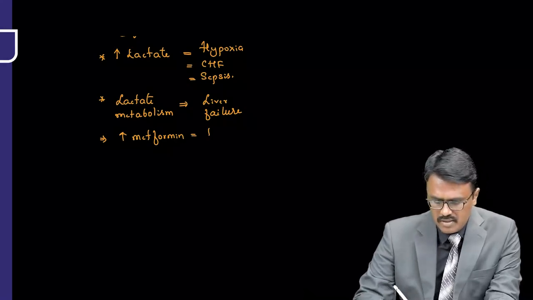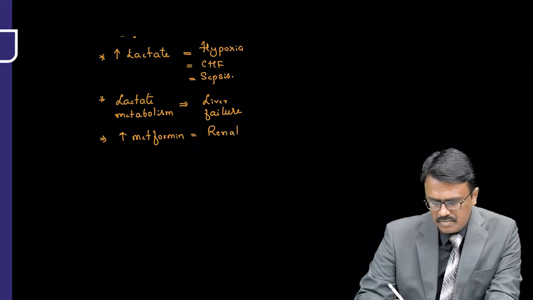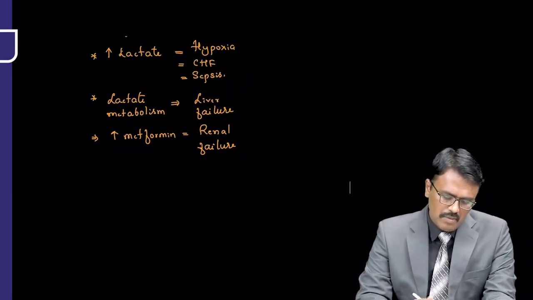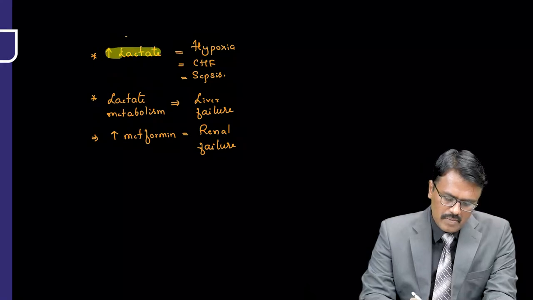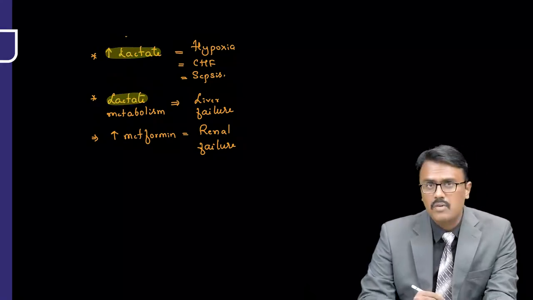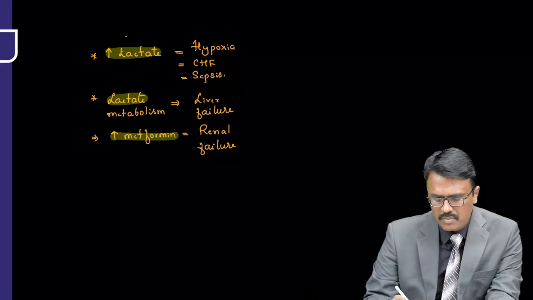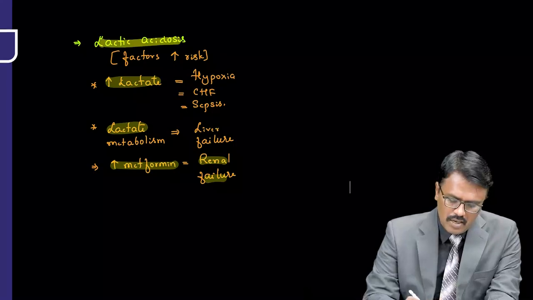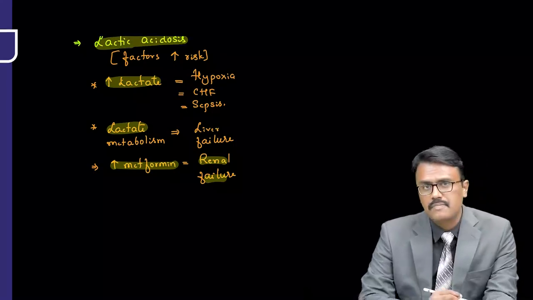So where do you see it? You see it in renal failure, because metformin is thrown out by the kidneys. So remember, whenever there is increased lactate production, whenever the lactate is not removed effectively, or whenever the metformin increases in renal failure, these are the conditions where the lactic acidosis risk increases.